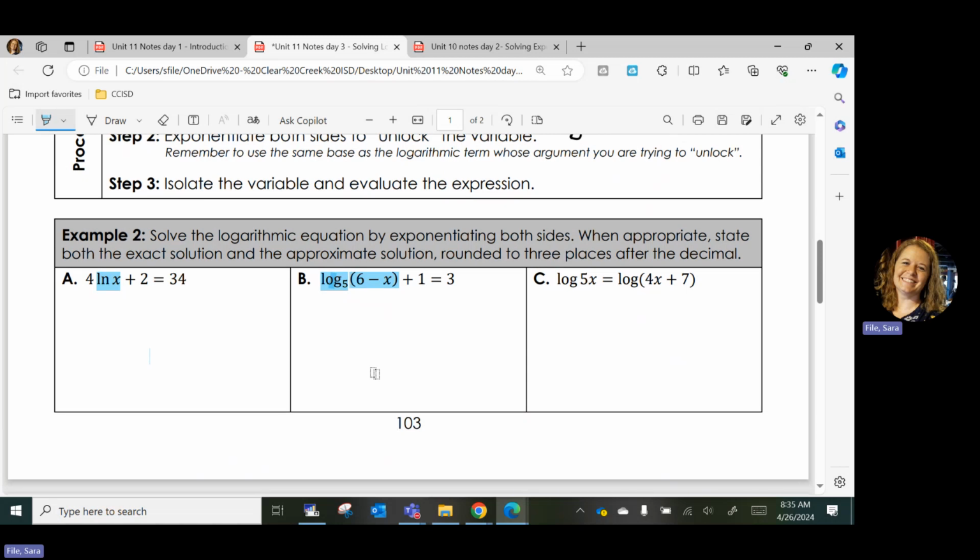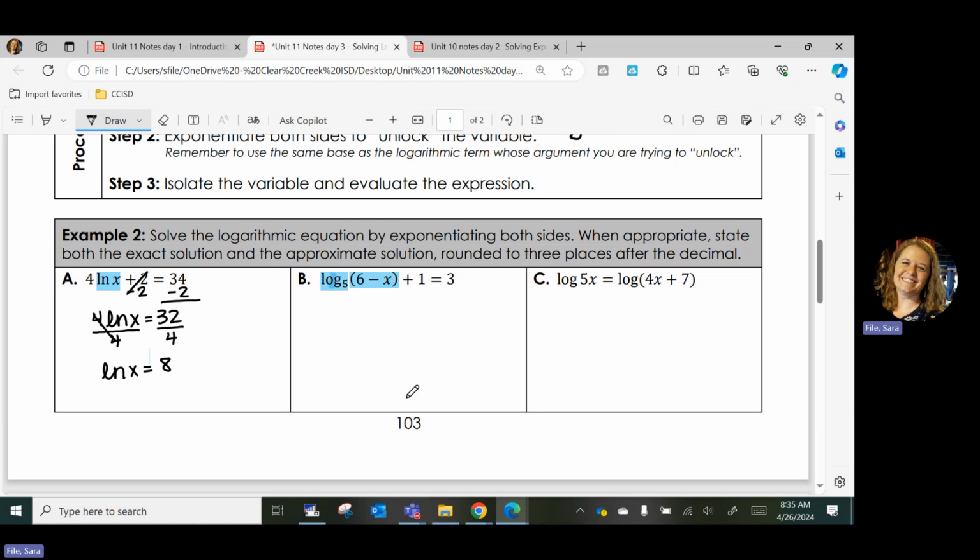All right. So in A, I'm going to isolate natural log of x. I have to move the constant first, so I'm going to subtract the 2. And then I've got to get rid of the coefficient of 4. The opposite operation is to divide. So I'm left with the natural log of x equals 8.